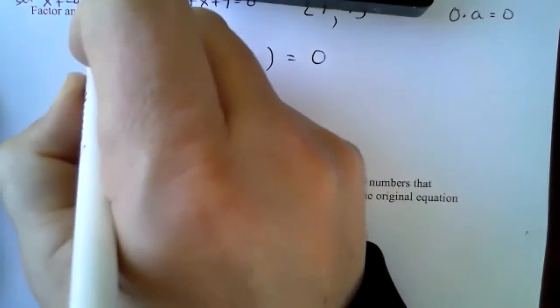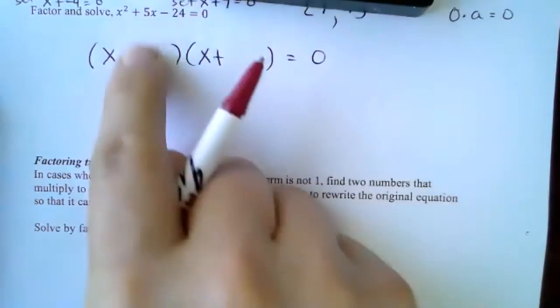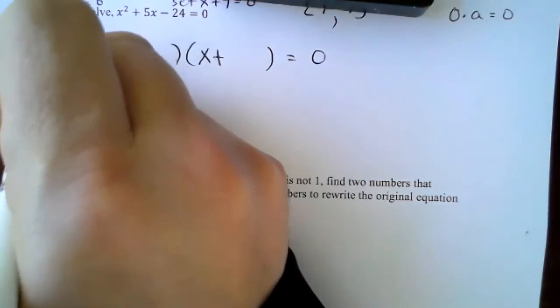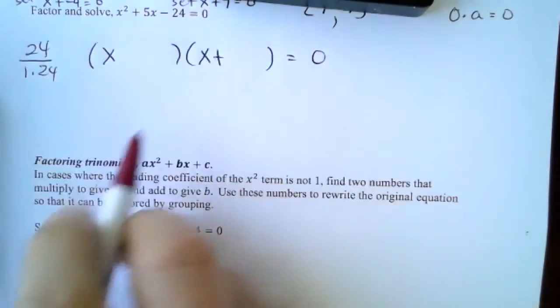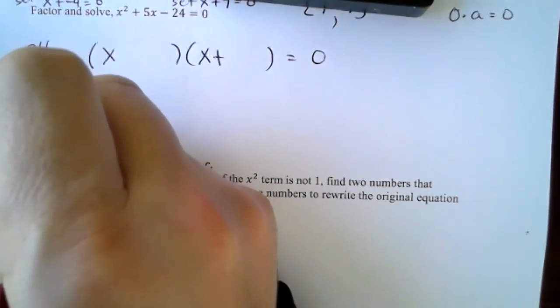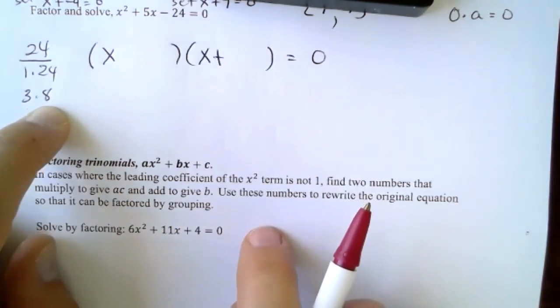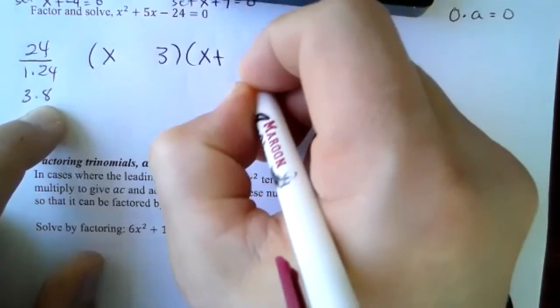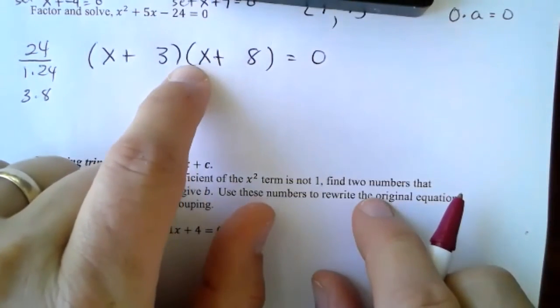All right. So we're looking for x plus p and x plus q. So we need to go through the factors of 24 that are 5 apart from one another. The only ones that I know are 5 apart would be 3 and 8. So I can put 3 here and 8 here, right? But are my signs going to be the same or opposite?